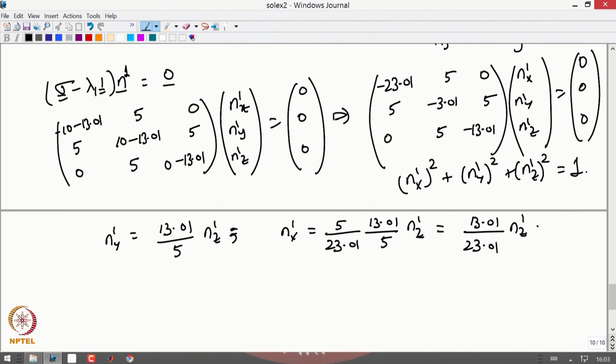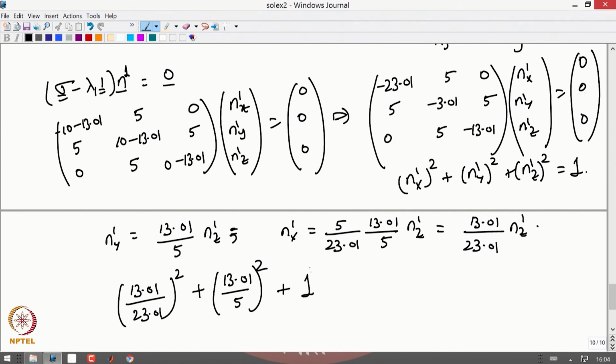Okay. Now, I substitute back in this quadratic equation to get 13.01 by 23.01 whole squared plus 13.01 by 5 whole squared plus 1 into n z 1 squared is equal to 1.